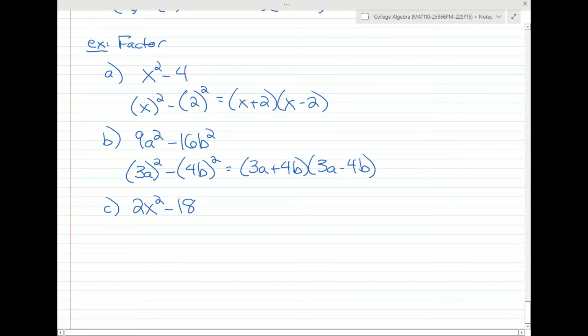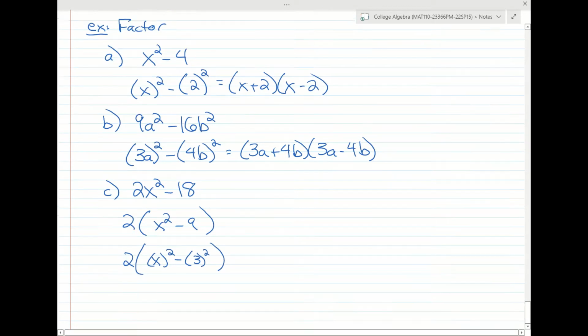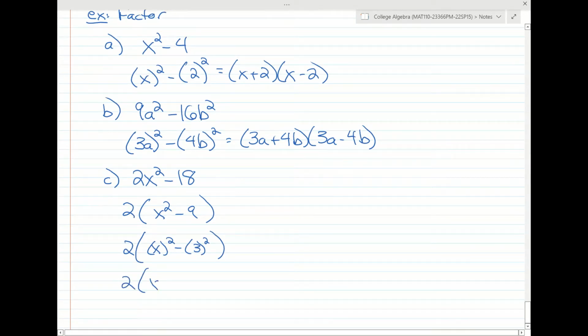We talked about before starting at step 1, the GCF. If we start by taking out a 2, then we could see it's a special case. Then we could write this as x squared minus 3 squared, which would just be x plus 3 times x minus 3.